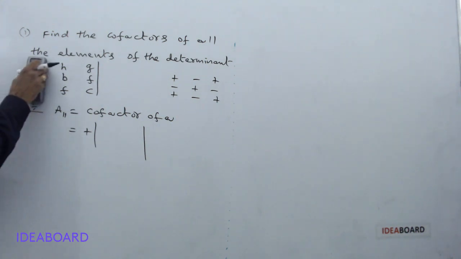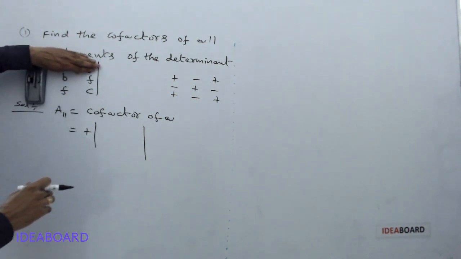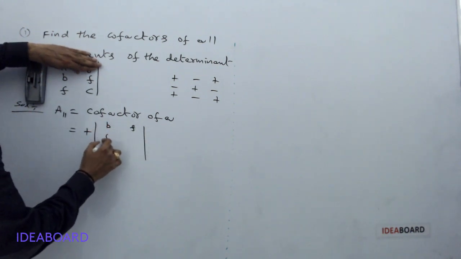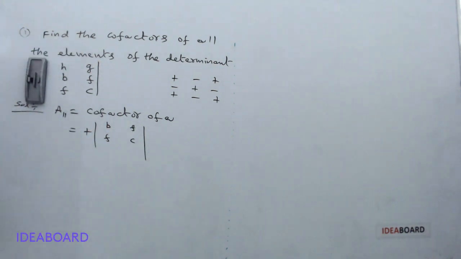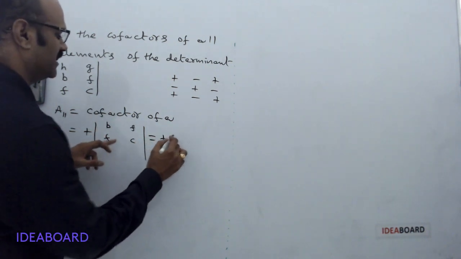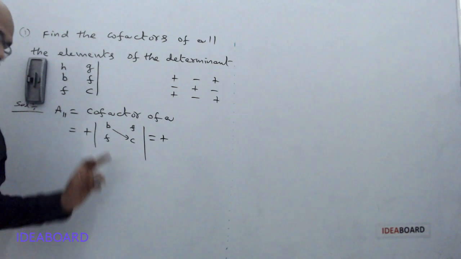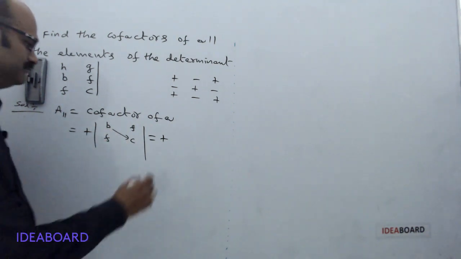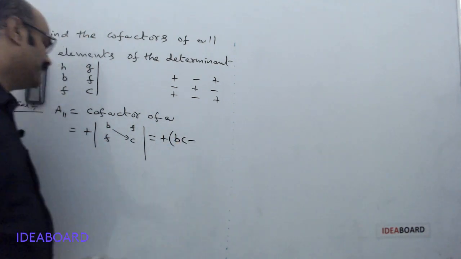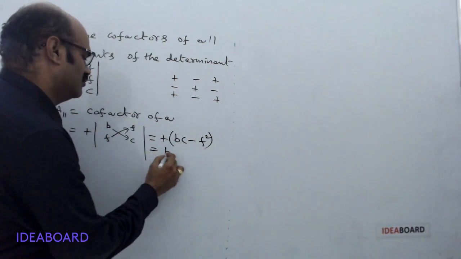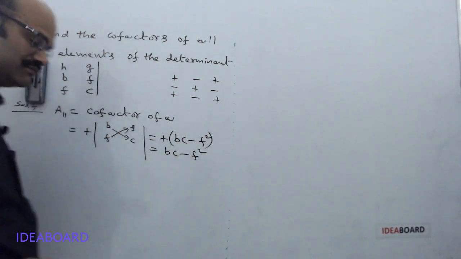So close the first column and first row. The remaining 4 elements are B, F, F, C. So now we know how to find the determinant of this, equal to product of these two elements B into C minus F into F, F square, equal to BC minus F square.